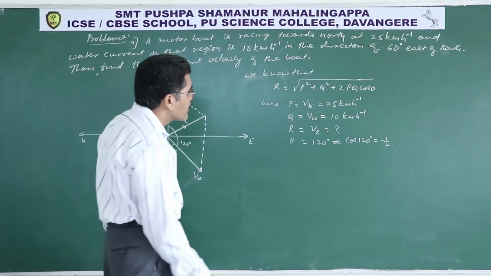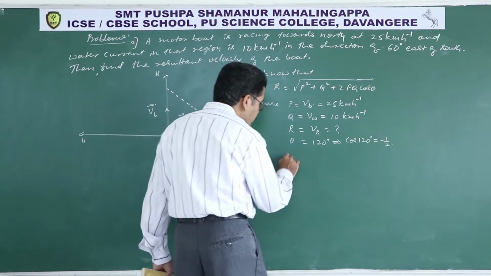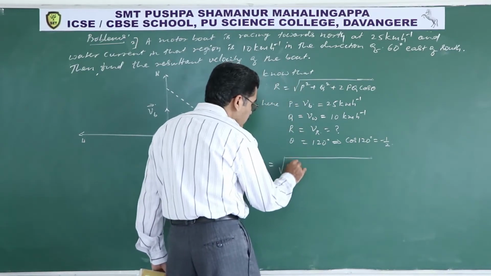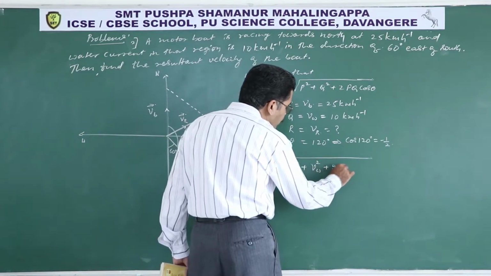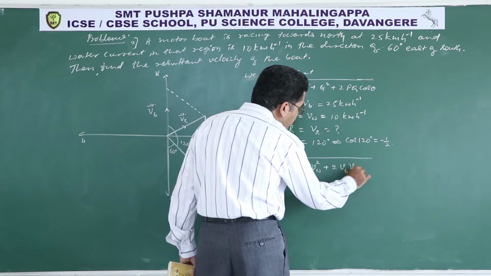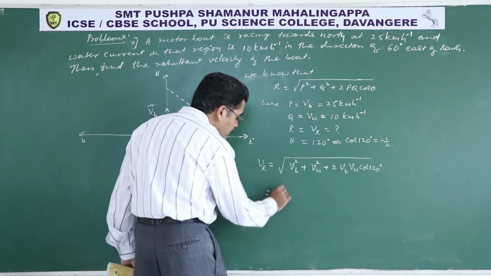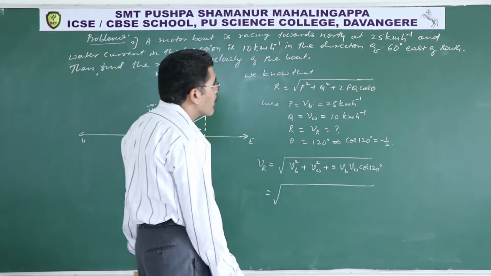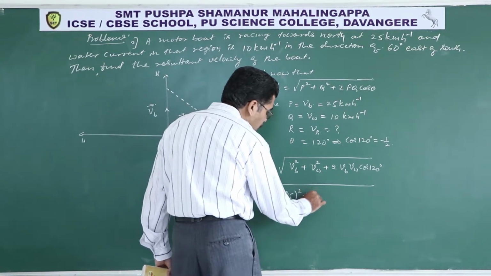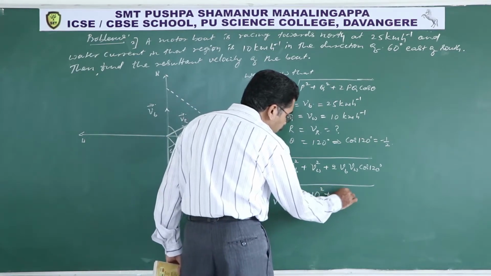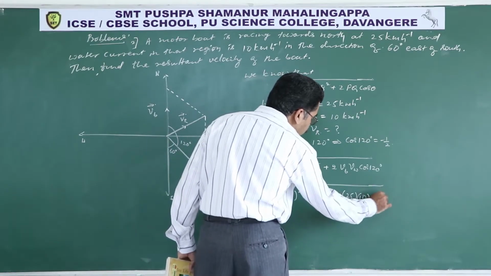Now please substitute in this equation: VR squared is equal to VB squared plus VW squared plus 2 VB VW cos 120. On substitution, VB is 25, so 25 squared plus 10 squared plus 2 into 25 into 10 into minus half.